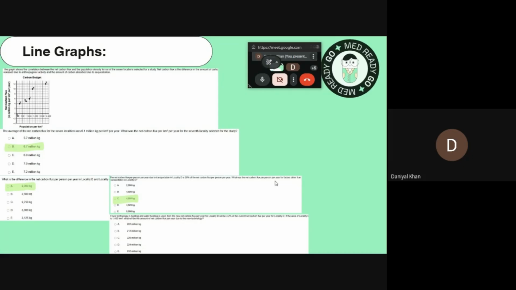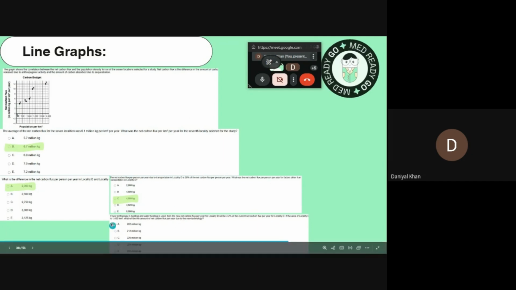0.16. And because over here, if you read the axis label, it would be 0.16 kilograms per kilometer squared per year. So that's only 1 kilometer squared in locality D, but locality D is actually 1,450 kilometers squared.